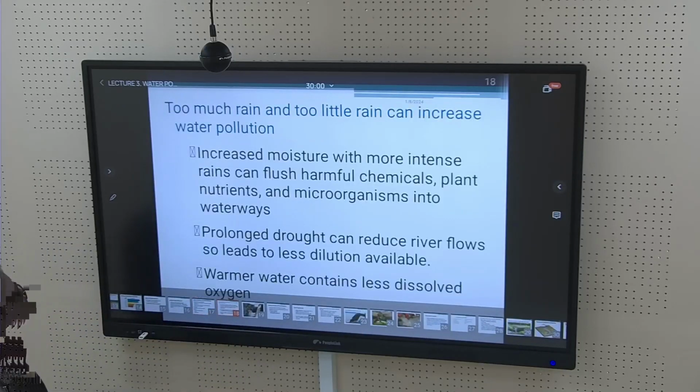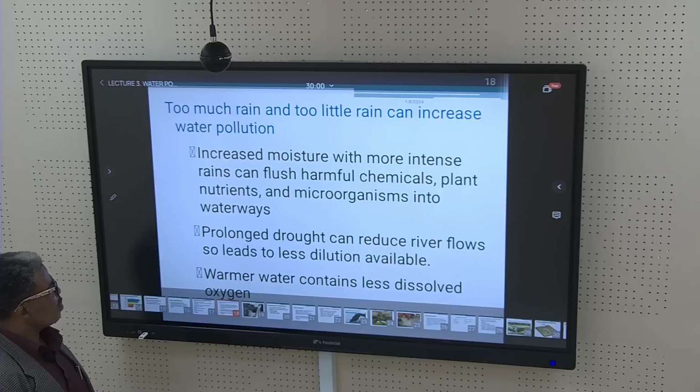Too much rain and too little rain can increase water pollution. Increased moisture with more intense rains can flush harmful chemicals, plant nutrients, and microorganisms into waterways.